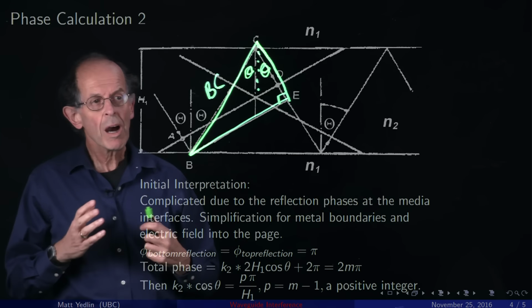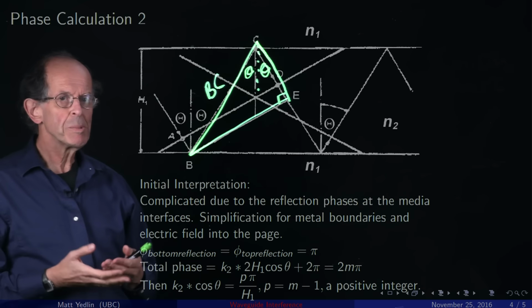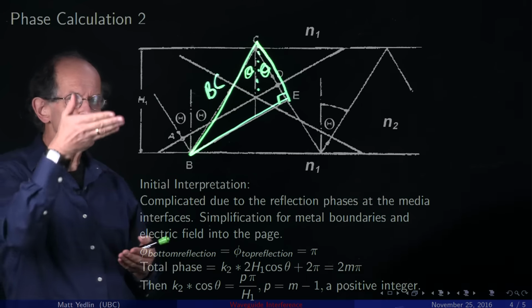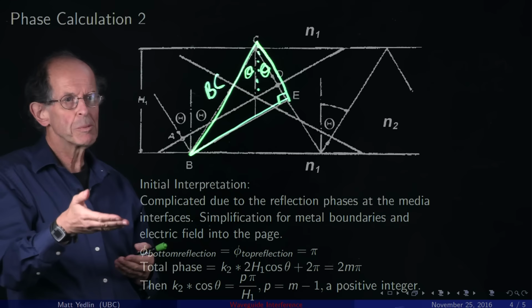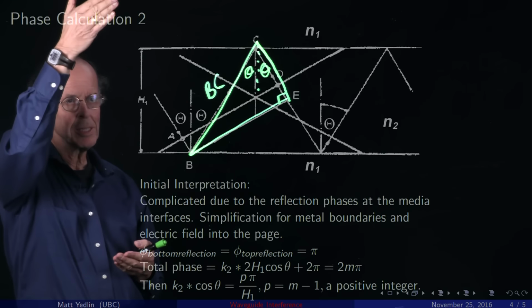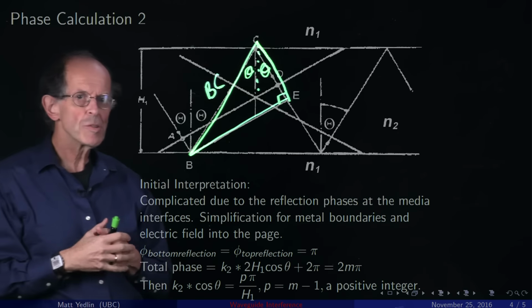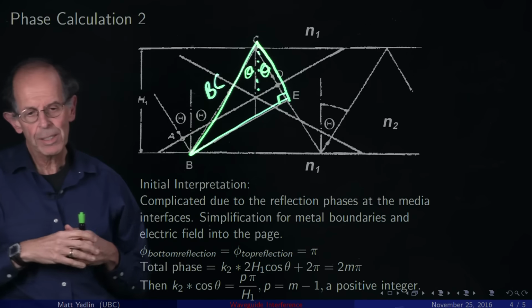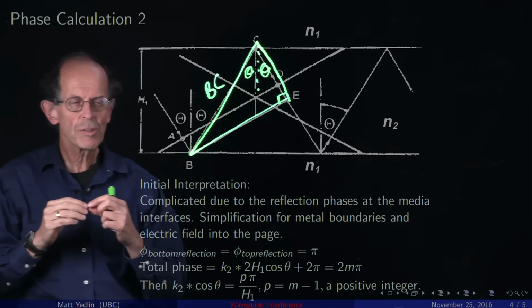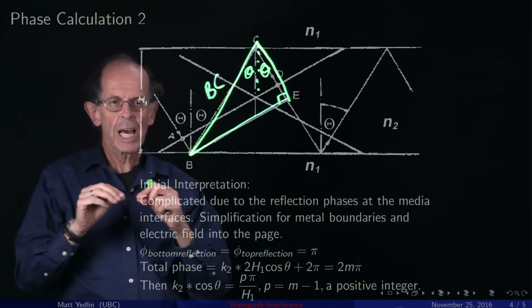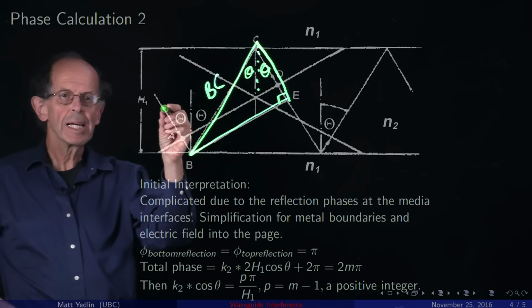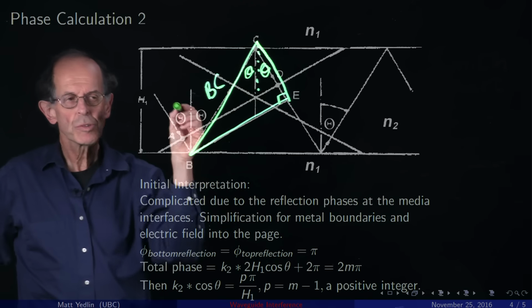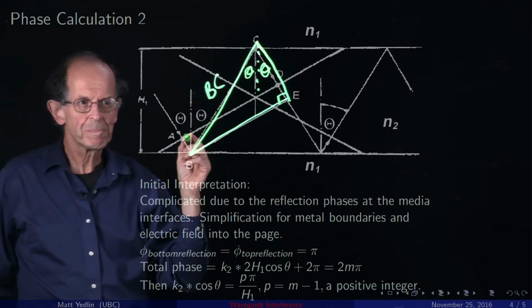Now, we're complicating things a little bit when we have the boundary between two dielectric materials, n2 and n1 here, and n2 and n1 here. And so we're going to simplify the calculation in this case and pretend that there's a very thin metallic layer at each boundary, and that the electric field is going in and out, so it's purely tangential.